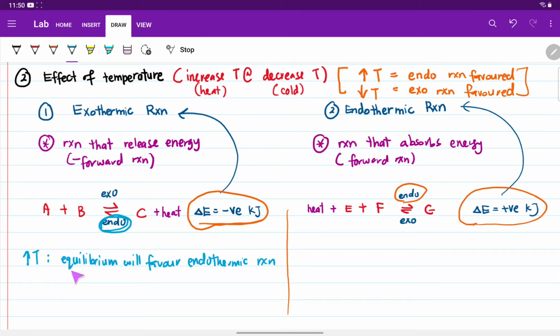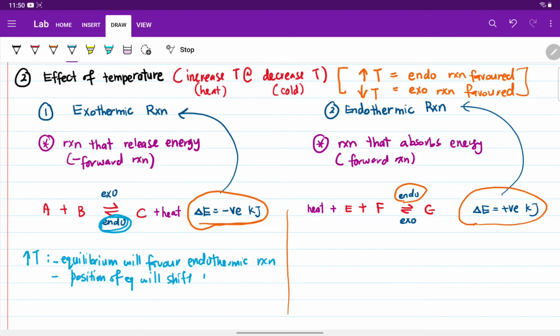So, kita kata, when temperature increase, system is not at equilibrium. So, equilibrium will favor endothermic reaction. So, bila dia favor endothermic reaction, so kita kata position of equilibrium, position of equilibrium will shift ke mana? Dia akan shift ke kanan, kiri.